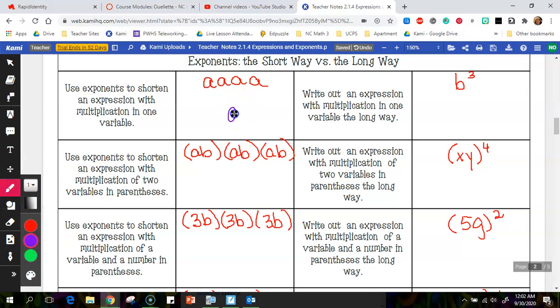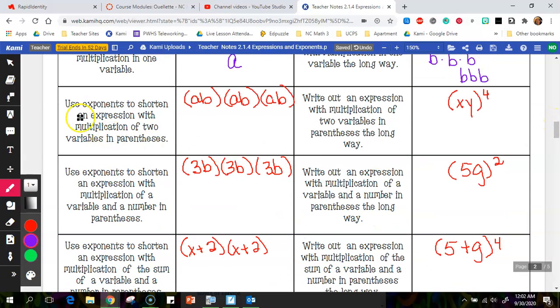We could also write this as a to the 4th power. Looking over here, this one's written in exponential form. If we wanted to write it out the long way, we would write b times b times b. Or we could even write the b's just beside themselves like that. That would be fine too.